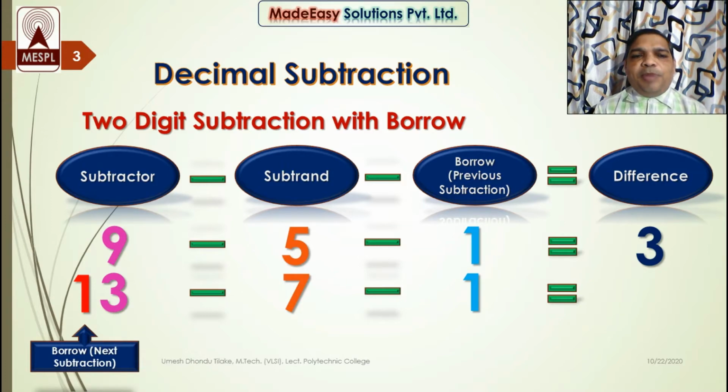Now here I have placed the borrow at the tens position, considering 3 at the unit position. Means what? If my digit is placed at the unit position, I will have to take the borrow from the digit placed at the tens position.